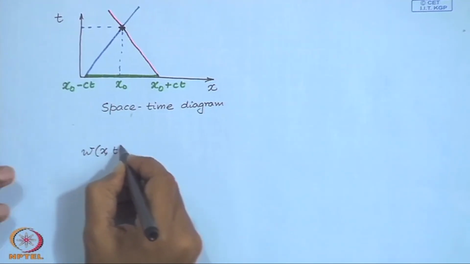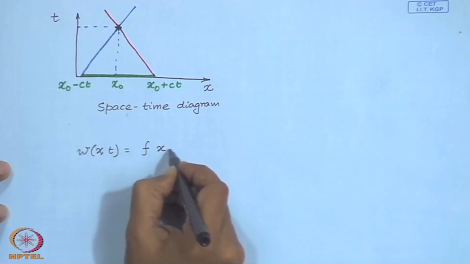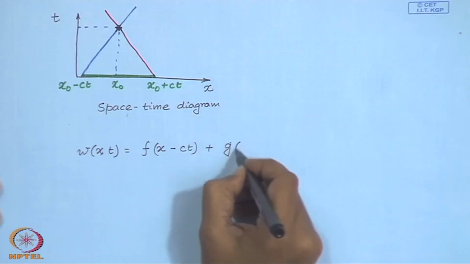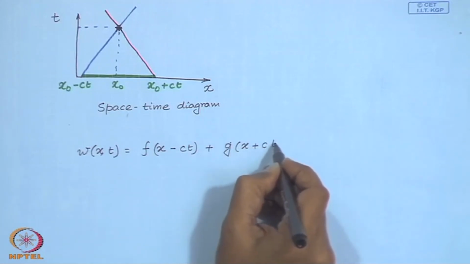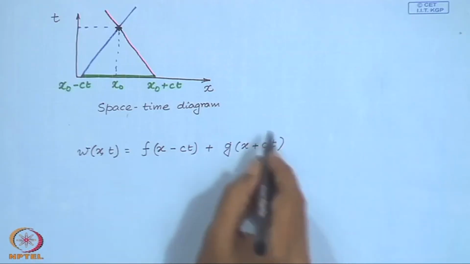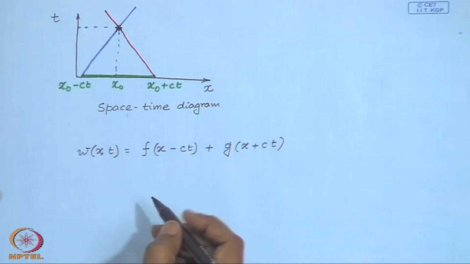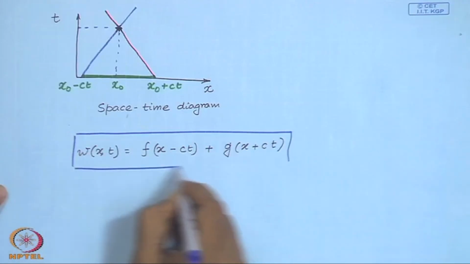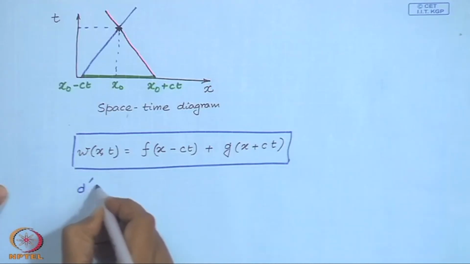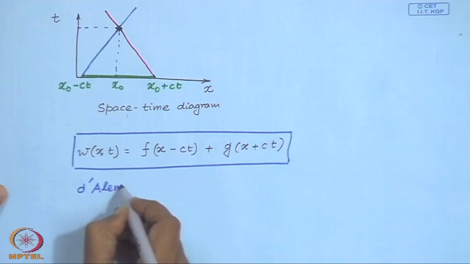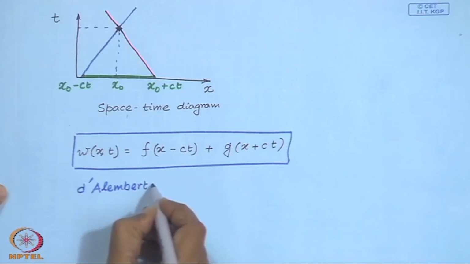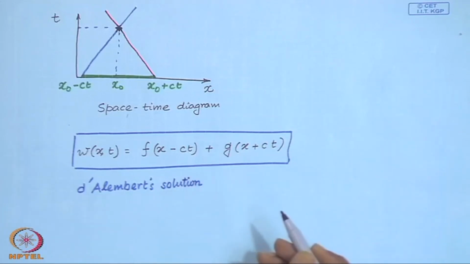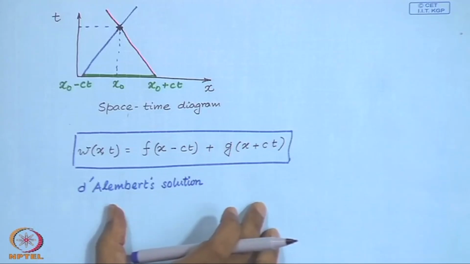Now, this solution that we have written out is known as the Alembert solution. So, this is the Alembert solution of the wave equation.